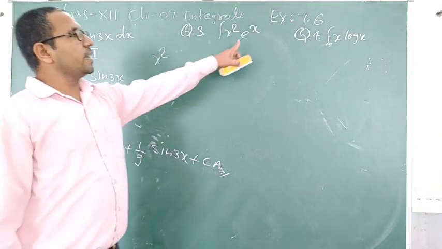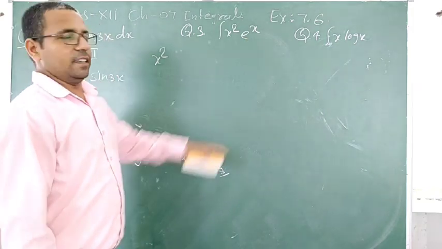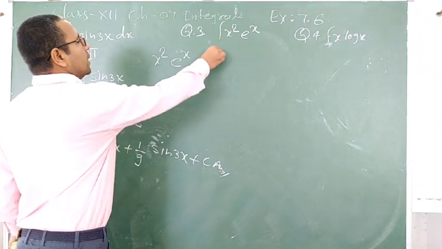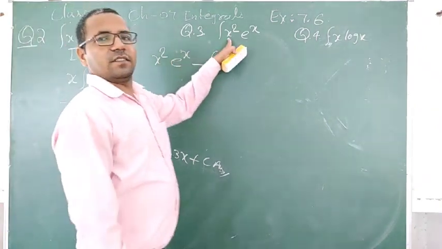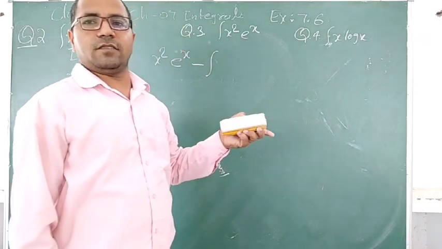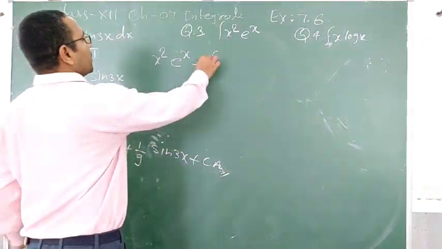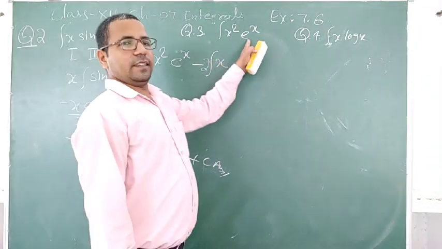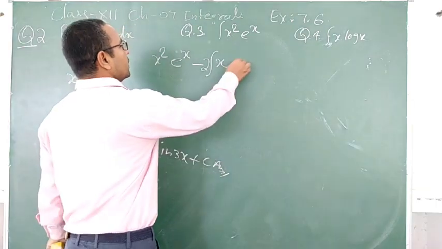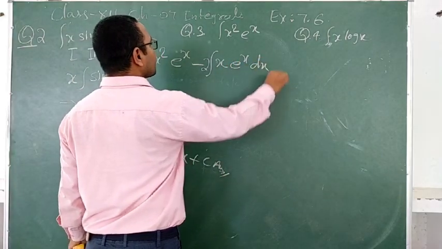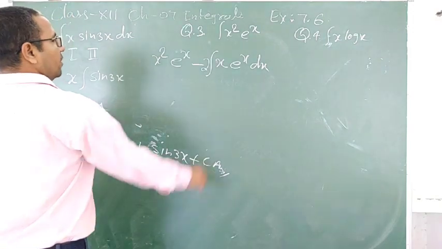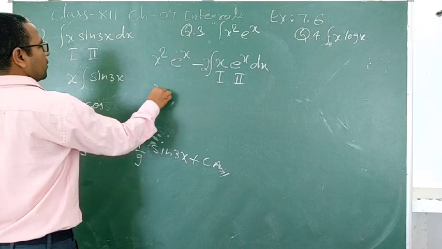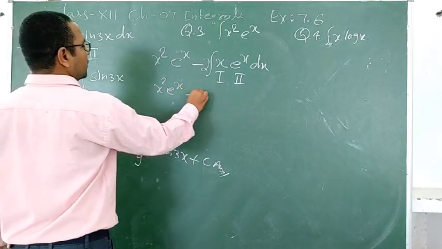So students, the integral of the second function e to the power x, you will get here e to the power x, minus the integral of the differentiation of the first function, x square, you will get 2x. 2 is the constant, keep it outside, and you will get here x, and the integral of e to the power x is e to the power x dx. So now students, again we have to choose x as the first function and this one as the second function. So x square e to the power x minus 2.